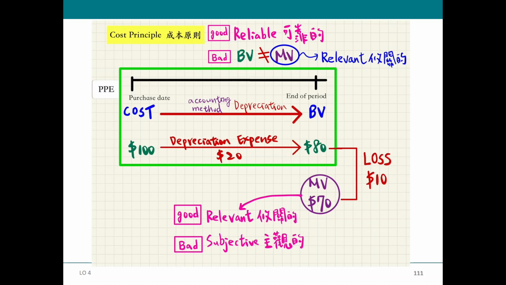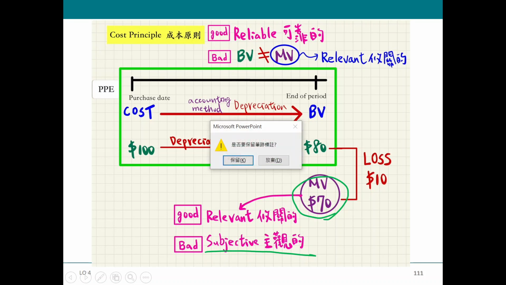But for cost, we trust it because cost is based on the true amount to do any accounting methods, right? So that's why cost is reliable. So what's the problem? The problem is when I try to get the market value, it's subjective. It's not easy to get it.